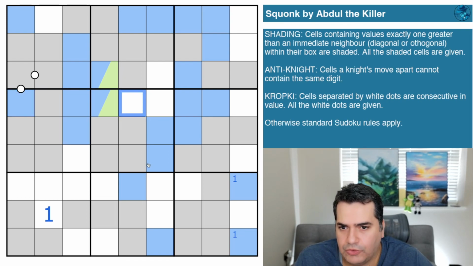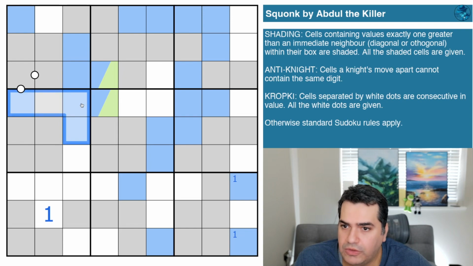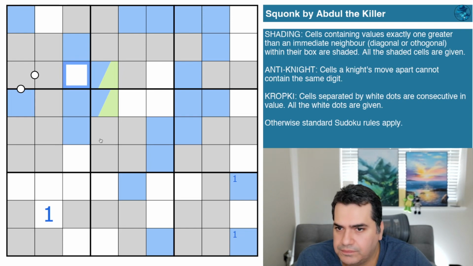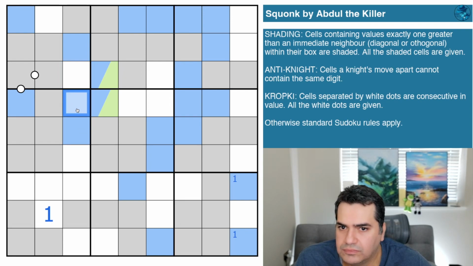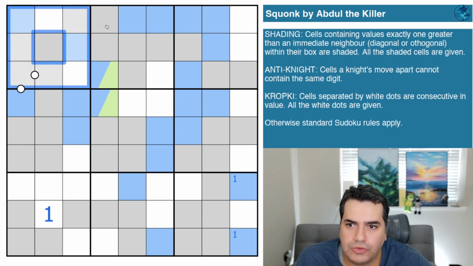So that's not possible either. Same here. This square eliminates all of these options. In general, with essentially what I'm doing here, you just need to pay attention to cells on the border, because they have, with knight's move, tremendous reach into the other boxes.